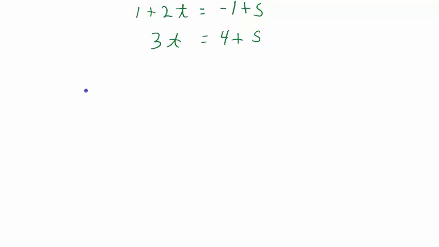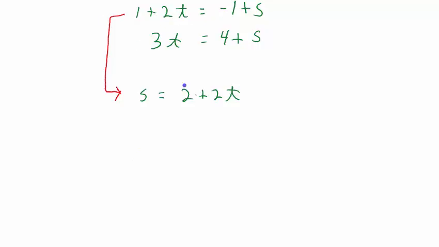Okay, so I could pretty easily get s from the top equation. So from the top equation, I can get s. Let's see, s is going to equal 2 plus 2t, if I just add 1 to both sides.